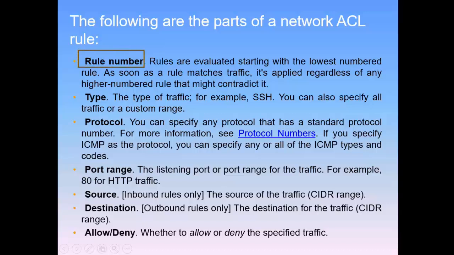Rule number, then the type of traffic that you want to analyze. You want to go for SSH, you want to add some rule here for Telnet, for HTTP, anything. Protocol, which particular protocol is working behind that.